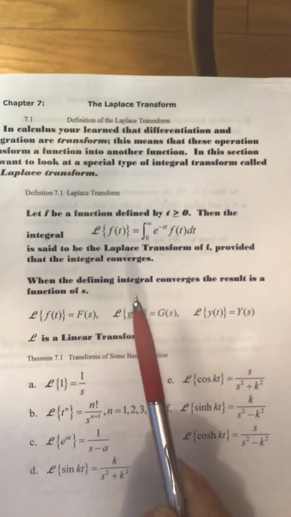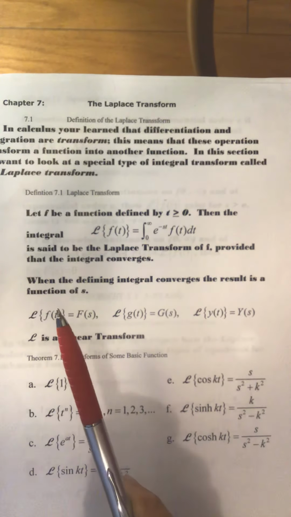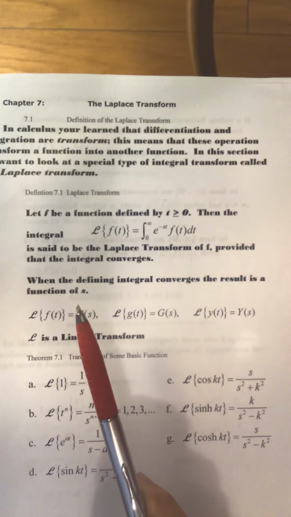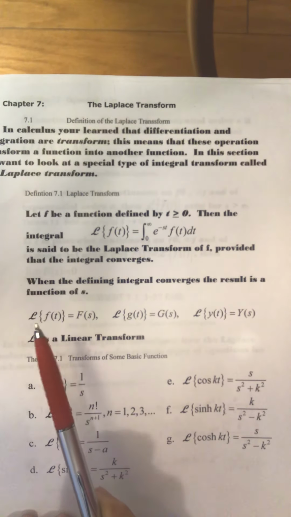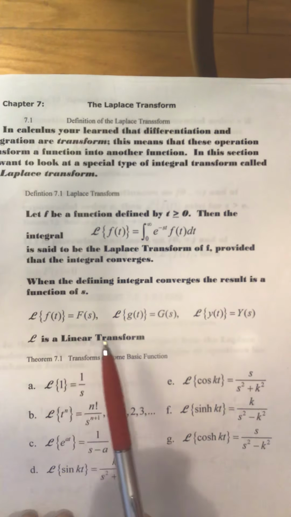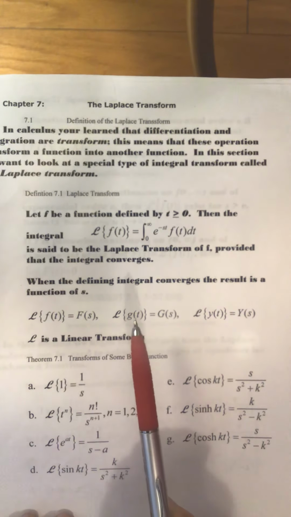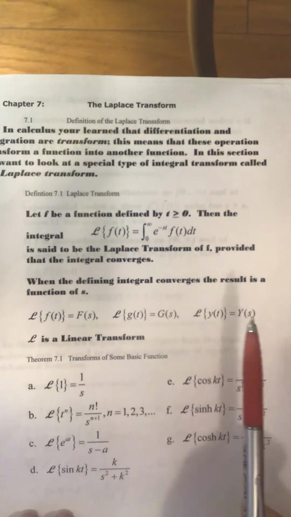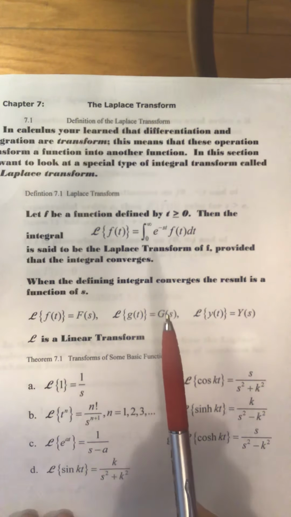So when the defining integral converges, the result is now a function in s. If you have a function in t, and we do a Laplace, it's called a linear transformation, you get a function in s. And that will always happen. You have a function in t, take the Laplace, you now have a function in s.